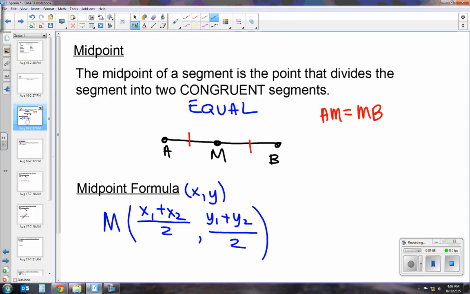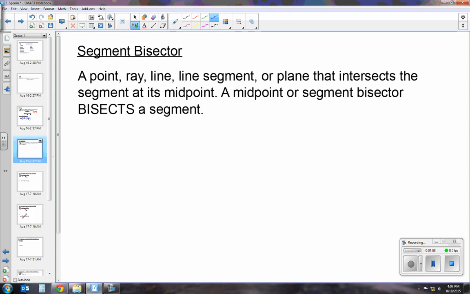Okay. Next up, I'm going to talk about a segment bisector. A segment bisector can be anything. It can be a point, a ray, a line segment, or a plane that intersects the segment at its midpoint. And of course, a midpoint or a segment bisector bisects a segment.